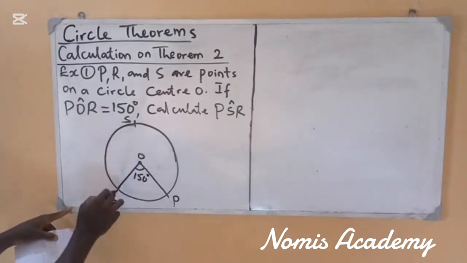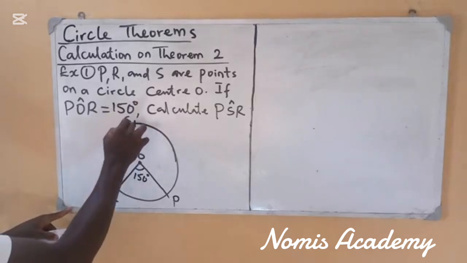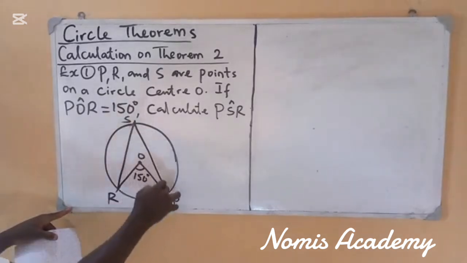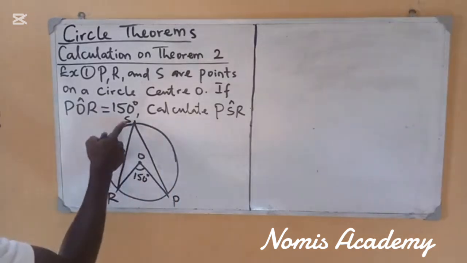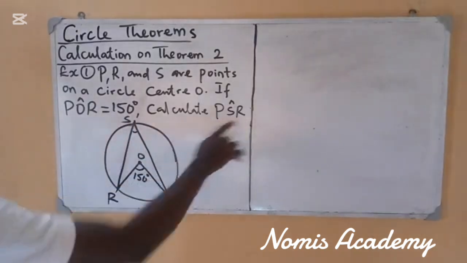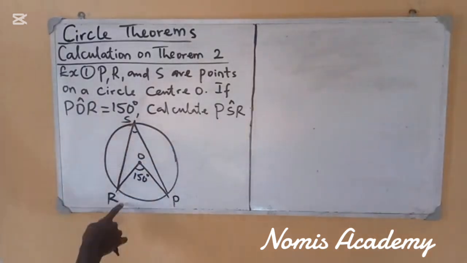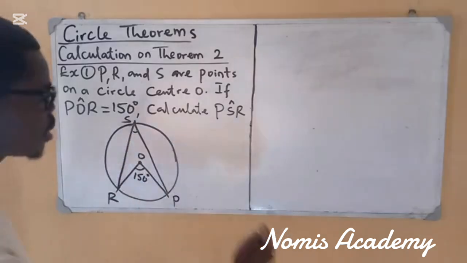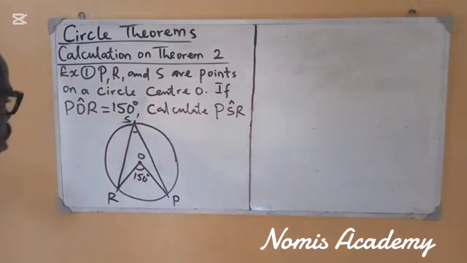And then we also have another angle formed at the circumference of the circle at point S. So now we are asked to find PSR, that is the angle formed at the circumference of the circle.